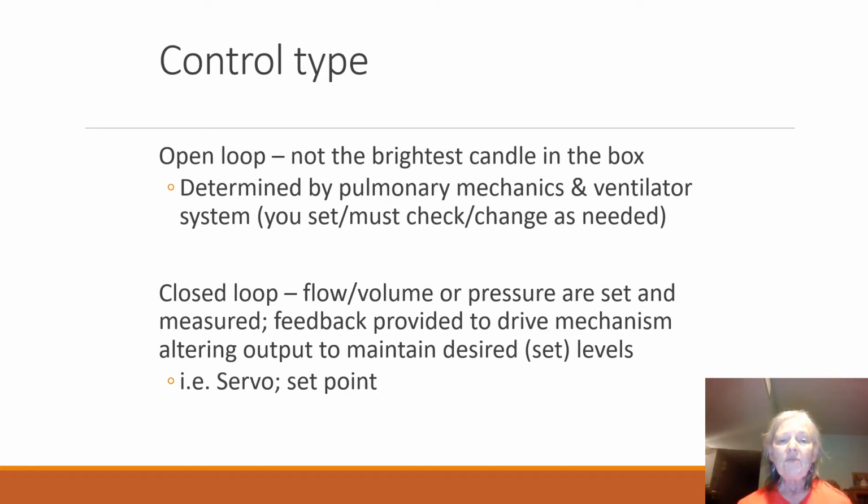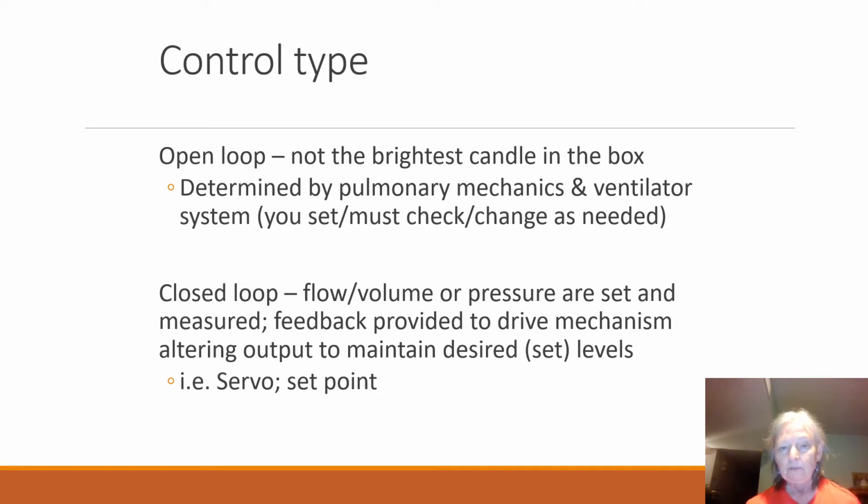Your closed loop ventilation, these are actually where you can set a parameter and tell the machine this is the parameter it has to meet, and the machine will then make sure that if the parameter is not met, that it's going to go ahead and kick in what needs to in order to meet that parameter.